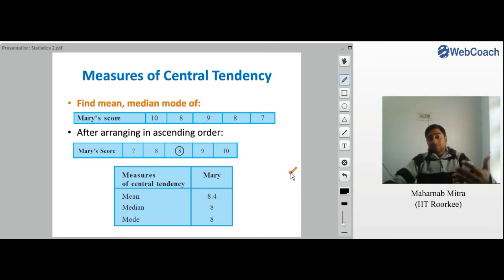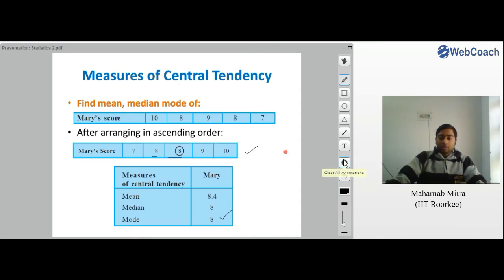Mode is that observation which occurs the maximum number of times, which has more frequency. And here you can see 8 occurs more than once, it occurs the maximum number of times. So our mode is 8, right? Our mode is 8.